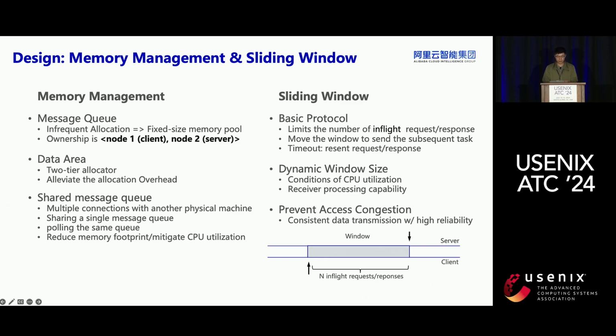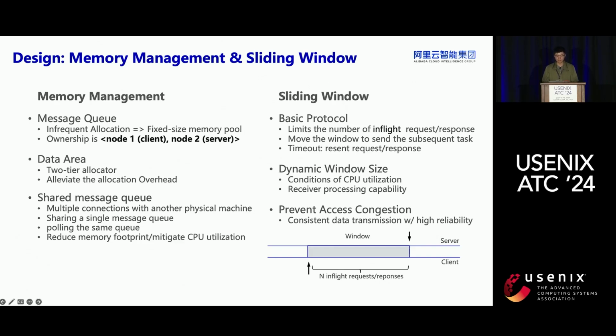For the data area, we use a two-tier allocator to alleviate the overhead of allocation. When a physical machine has multiple connections with another physical machine, those connections can share a single message queue. Then the polling process can follow the same way. It reduces the memory footprint and mitigates the heavy CPU utilization.